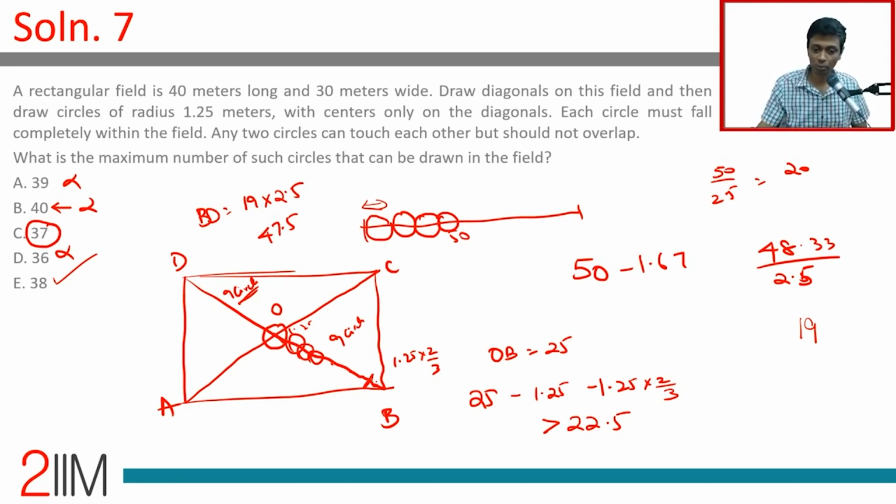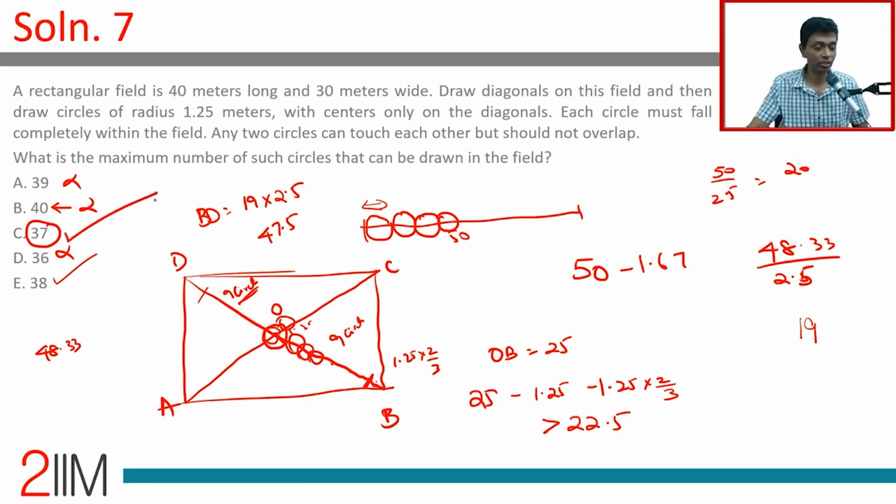We lose this 1.25 into 2 by 3, definitely. That is gone. So we have only 48.33. There's got to be something spilling over from the center circle, even if you squeeze a lot here, not right at the center. And that spillover is going to be worse than this 0.83. So we cannot squeeze 19 onto BD if AC has 19. So BD can have a maximum of 18.